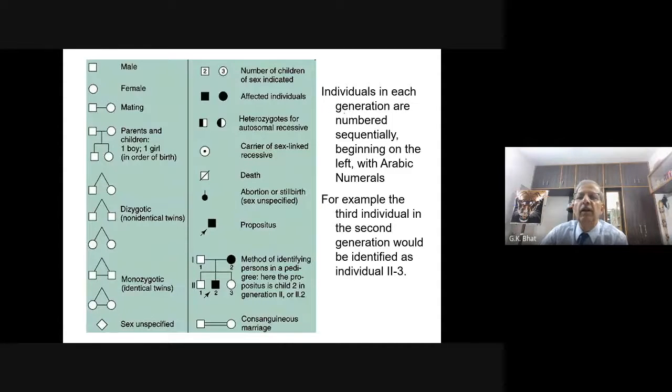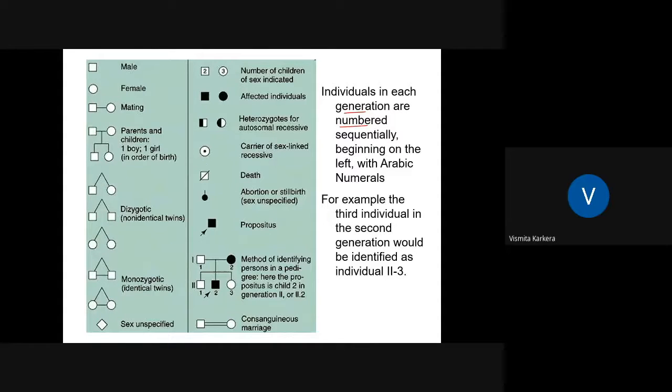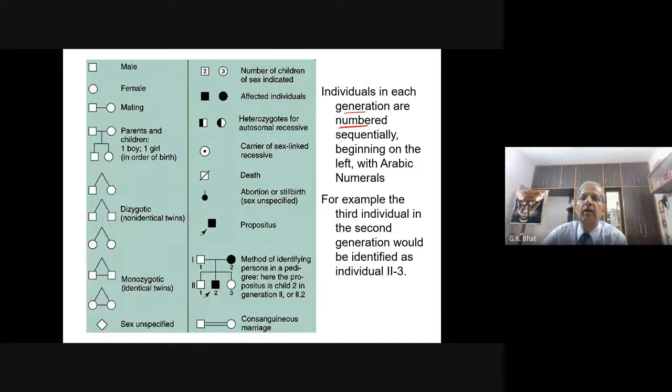Individuals in each generation are numbered sequentially, beginning on the left with the Arabic numerals. See here, this is the first one, this is the second one, this is the third one. For example, the third individual in the second generation would be identified as second generation, third individual.